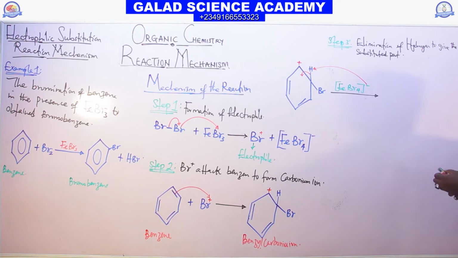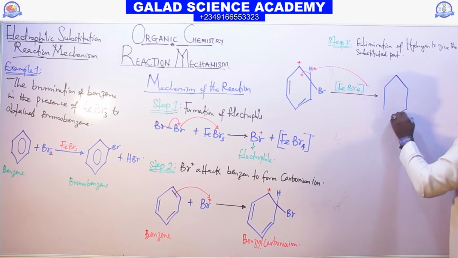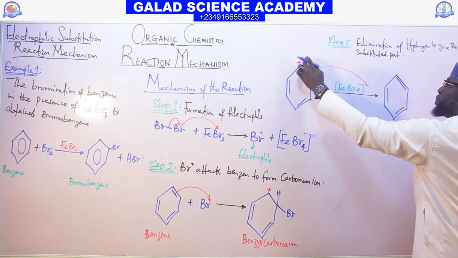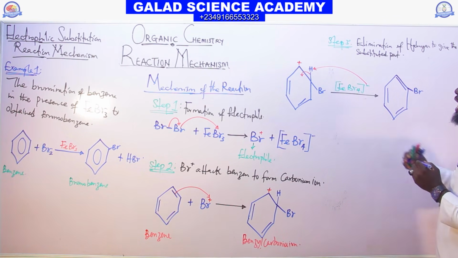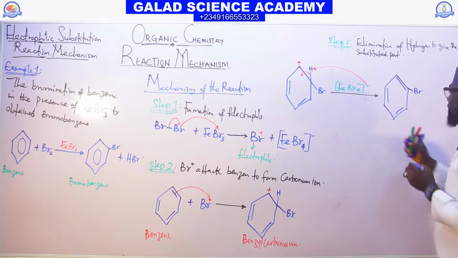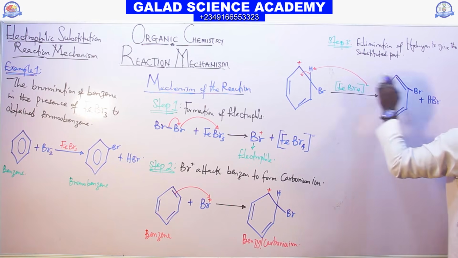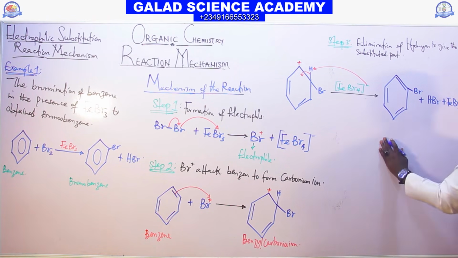So when this bond comes to that side, the benzene will have this double bond structure, the plus will disappear, and we have our bromine here. Then the H reacts with one of the four bromines to give us HBr. Our catalyst will now come back as FeBr3. That is step 3.